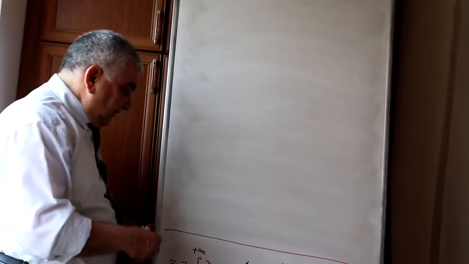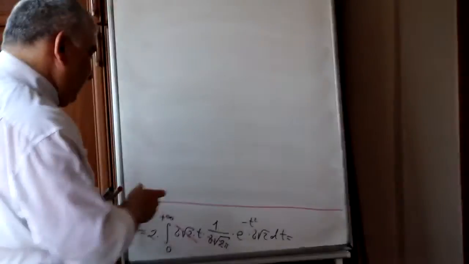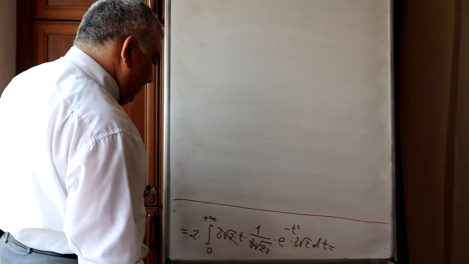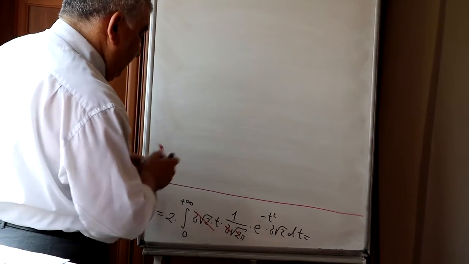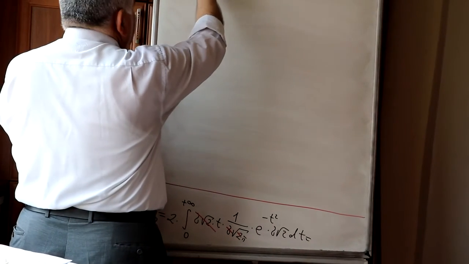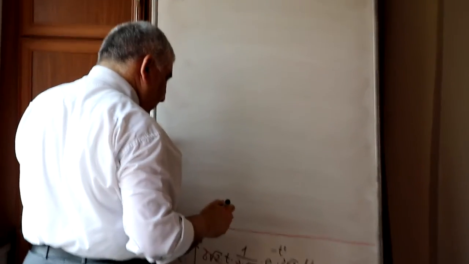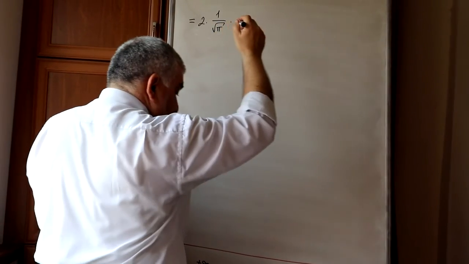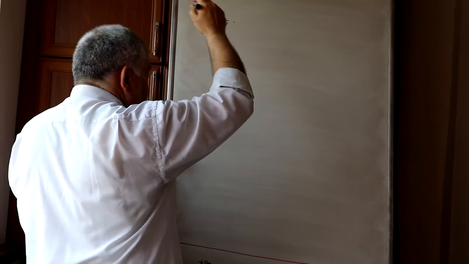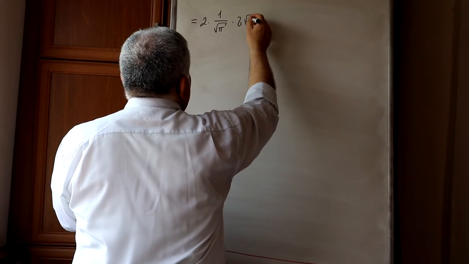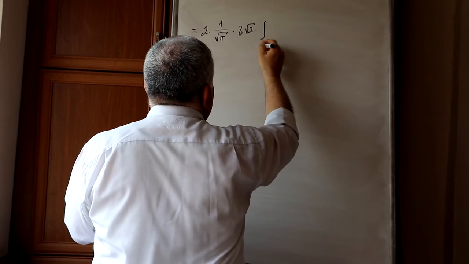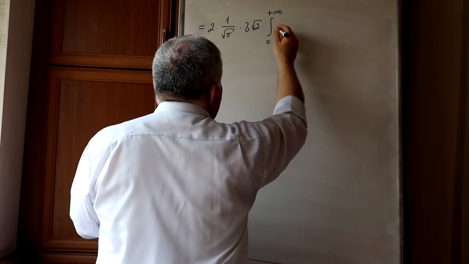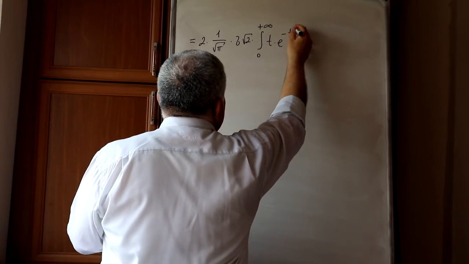Then we can take 1 over square root of pi and sigma square root of 2 out of the integral sign, integral symbol, equals 2 multiplied by 1 over square root of pi multiplied by sigma square root of 2 multiplied by integral from 0 to plus infinity of t multiplied by e to minus t squared dt.